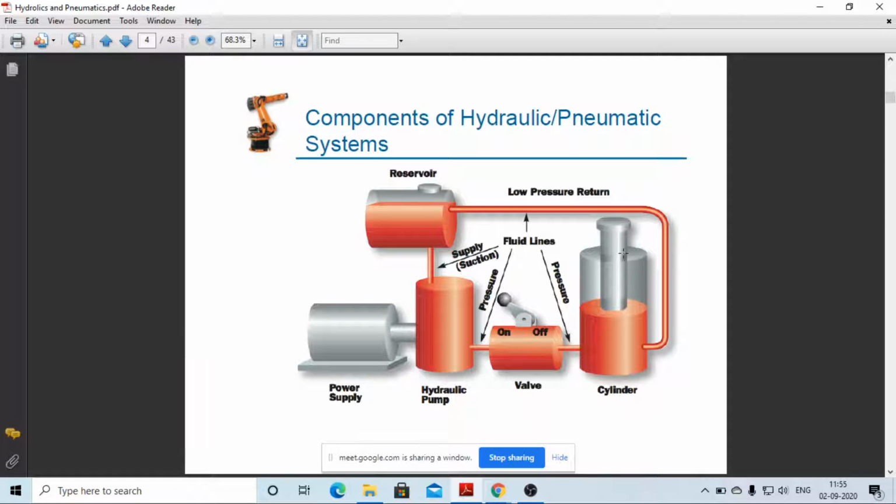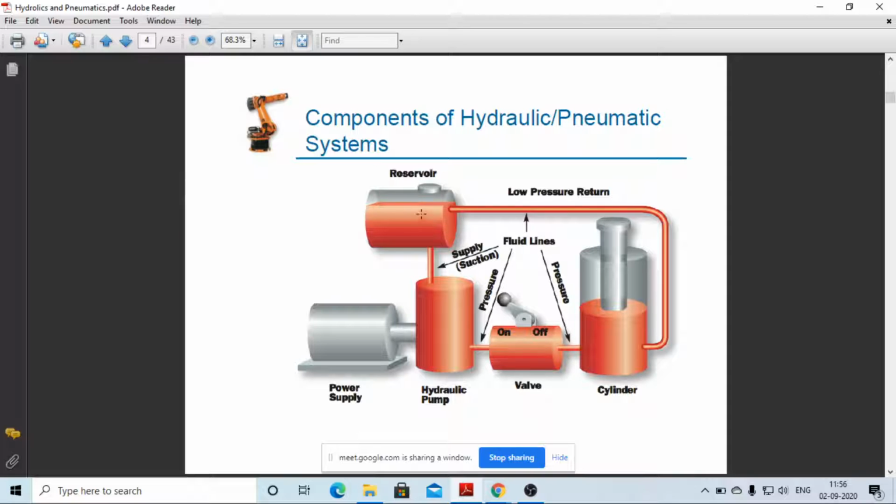Now see, this is the block diagram of the hydraulic systems. Actually it is generalized, but we will see the generalized one for hydraulic systems. It starts with the reservoir, because to collect the pressurized fluids, there is a need to store the fluid.